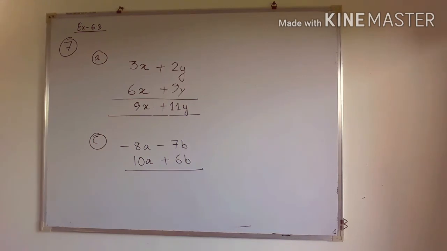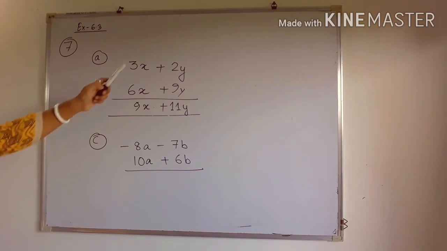So I am doing number A and C. You can see here I have to add first. What is the difference between the previous question and this question? In the previous question we are adding in a row, or we can say we are adding horizontally. But in this particular question we are adding vertically. Column wise we are adding here. Already the like terms are written one below the other, that is 2y and 9y.